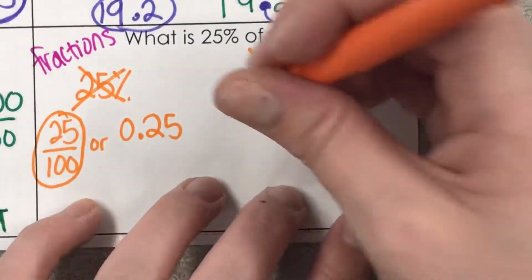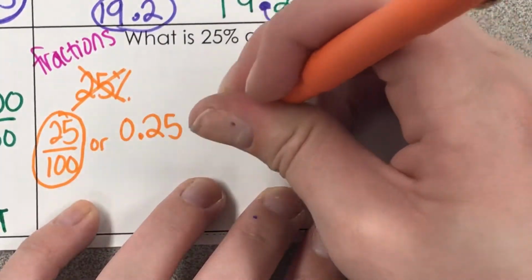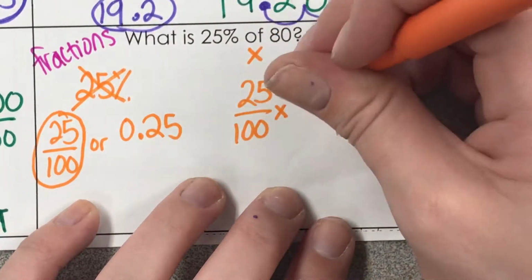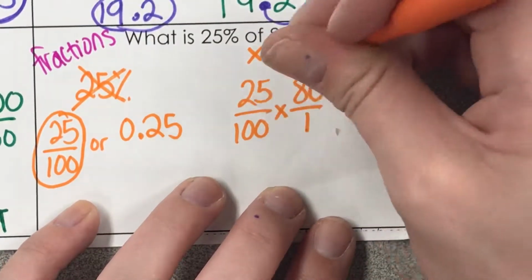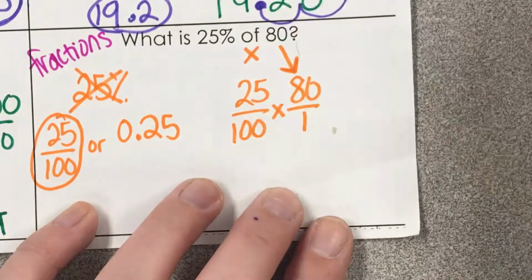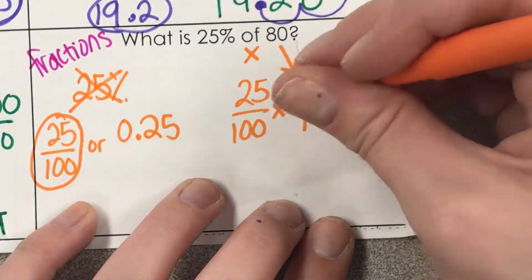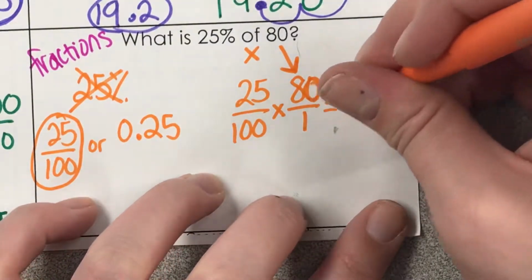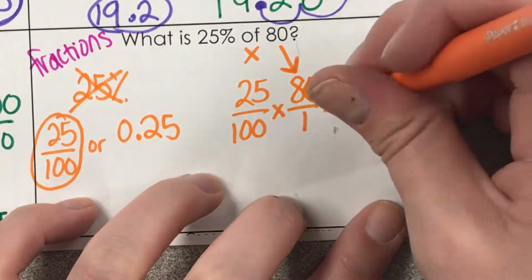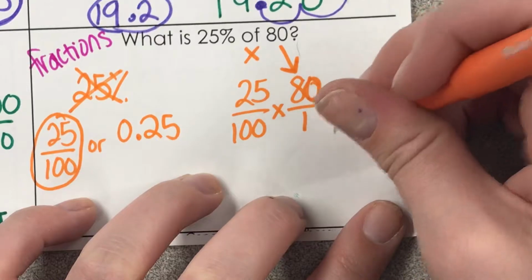So I'm going to set that up. 25 over 100 times 80 over 1. That's where I'm getting this number from, my total in fraction form. Sorry, that should be a 0. 25 times 80, well, that's actually 2,000. 100 times 1 is 100.